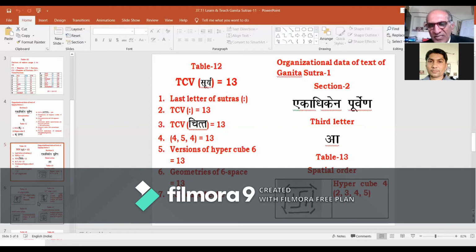It is for this breakthrough that we are initiating ourselves to have an overview of the mathematical domain and mathematical processes of the Ganita Sutra.